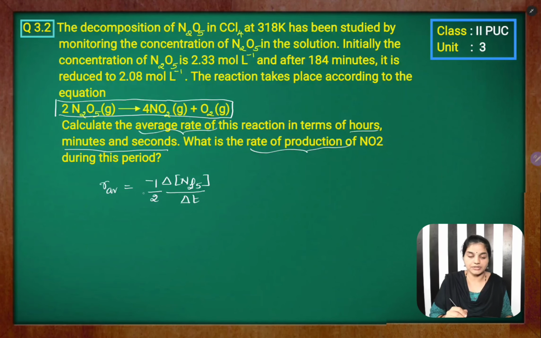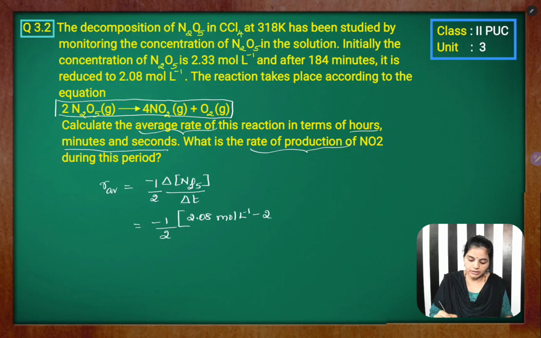So we have average rate is equal to minus 1 by 2 delta N2O5 concentration, change in concentration of N2O5 divided by delta T, which is equal to minus 1 by 2 change in concentration of N2O5. So the final concentration is 2.08 mole per liter.